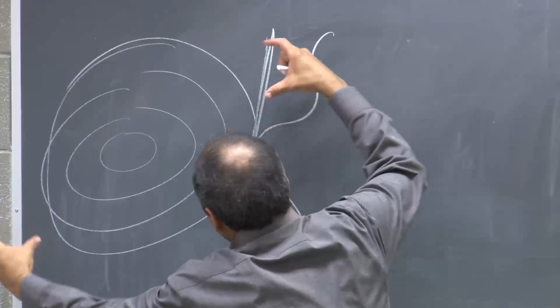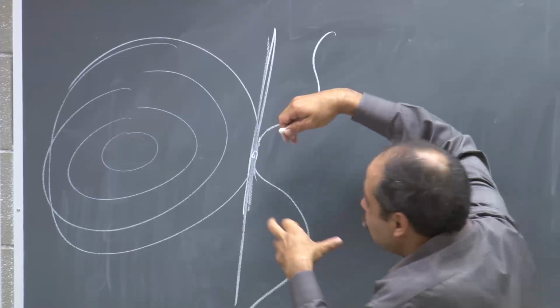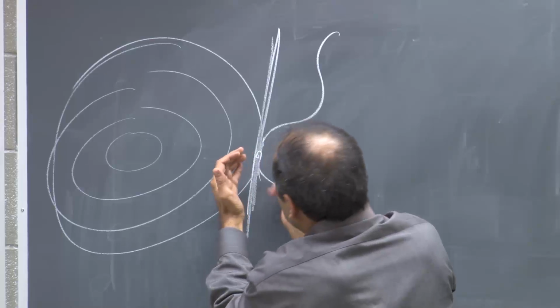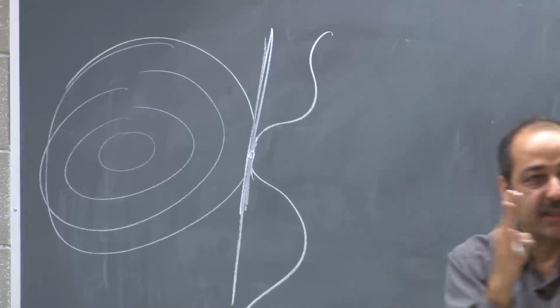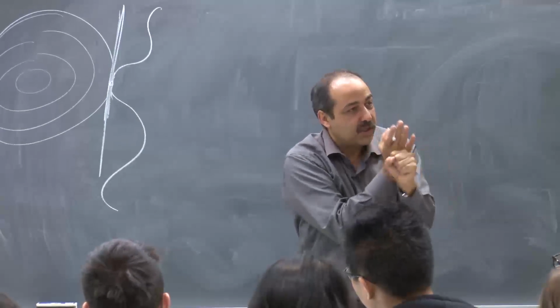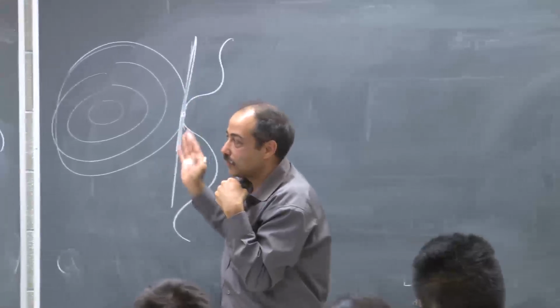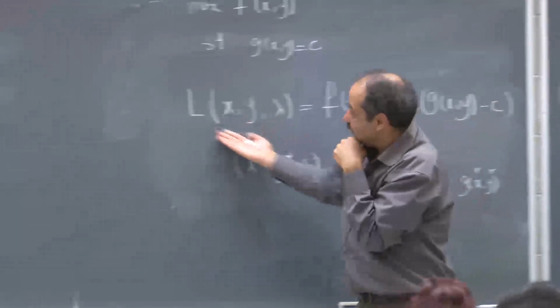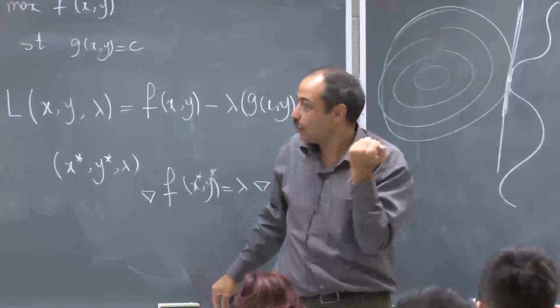You are maximizing this subject to this constraint. The solution is where the function and the constraint touch each other, but they don't cross. So the point is where they have the same tangent. So we write the Lagrangian, take the derivative of the Lagrangian, set it to 0. That's the solution, okay? So we have to do the same thing here.